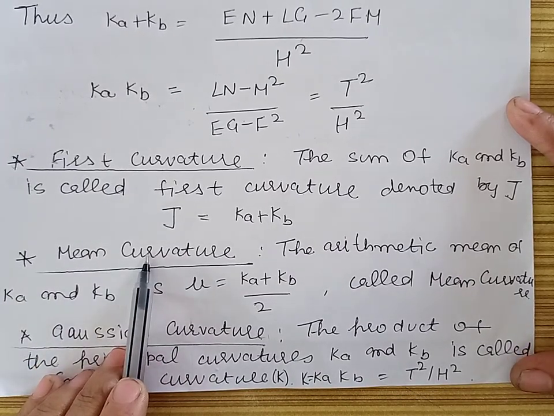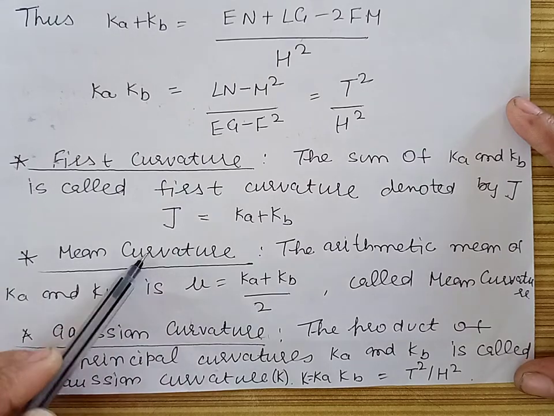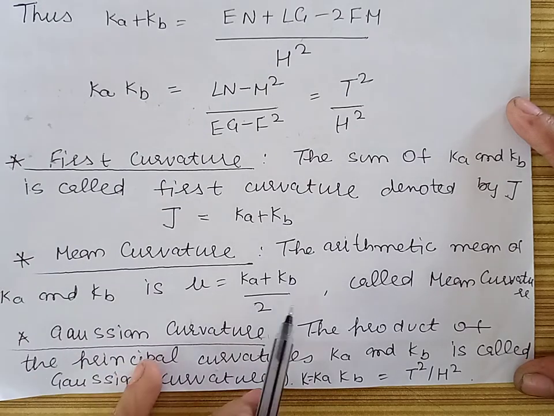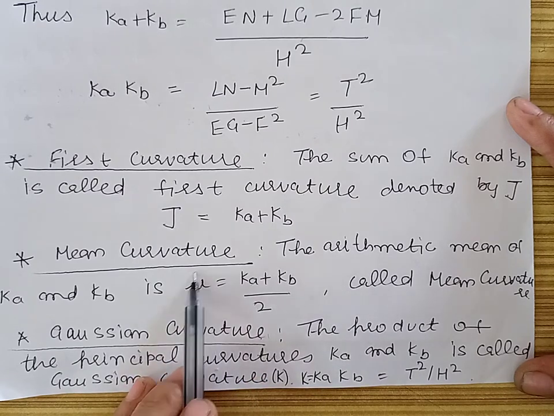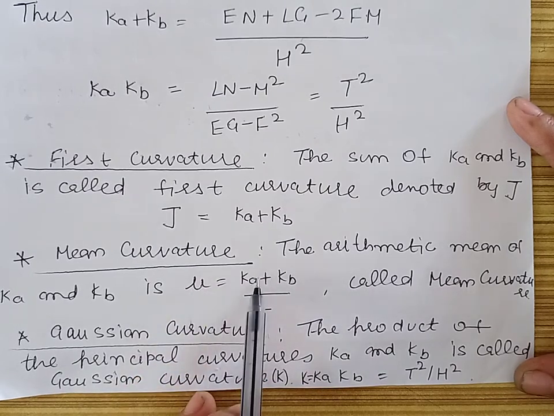Mean curvature is the arithmetic mean of the principal curvatures κA and κB. It is generally denoted by μ. μ is given by (κA + κB)/2.